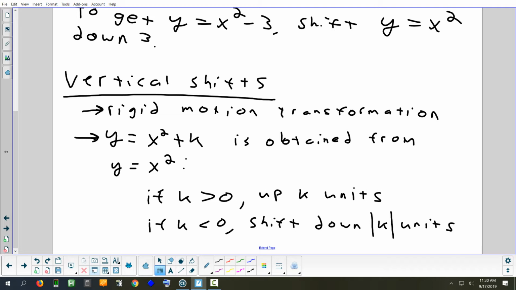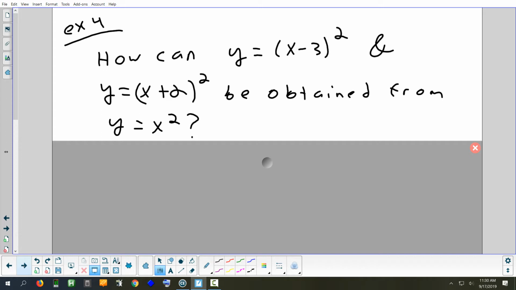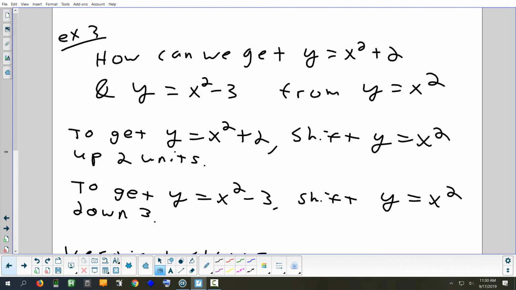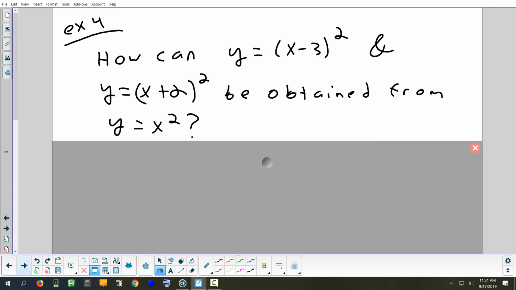Okay, so let's take a look at this. I'm doing adding and subtracting again. What's the difference between what I'm going to do here and what I did here? That's x squared plus 2, x squared minus 3. Well, I've got a plus 2 and a minus 3 here as well. But what's the difference?